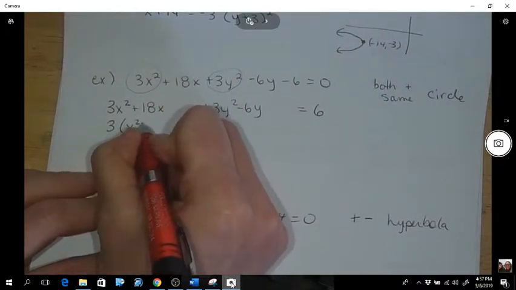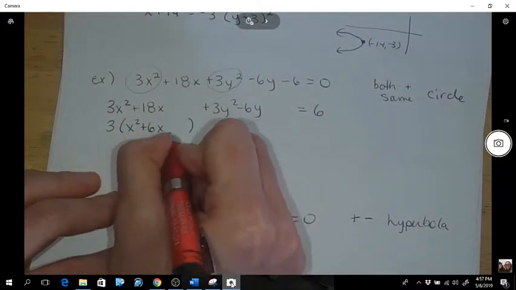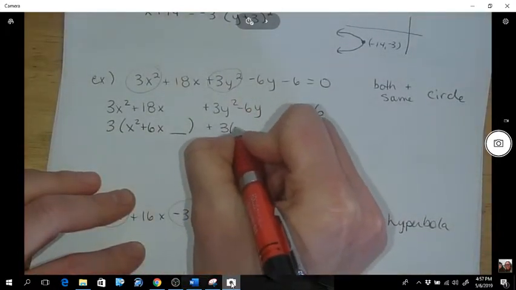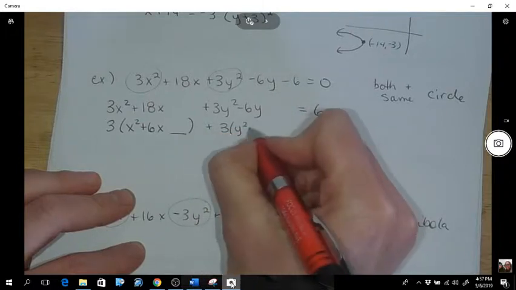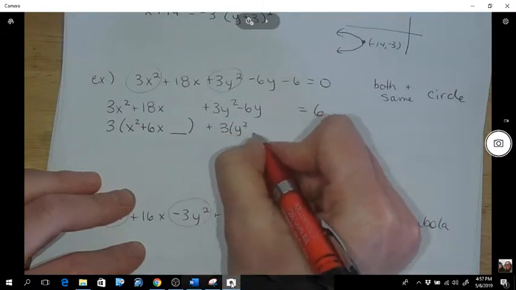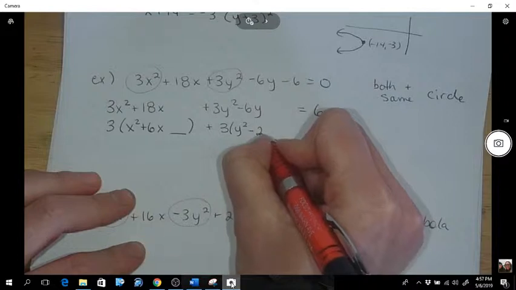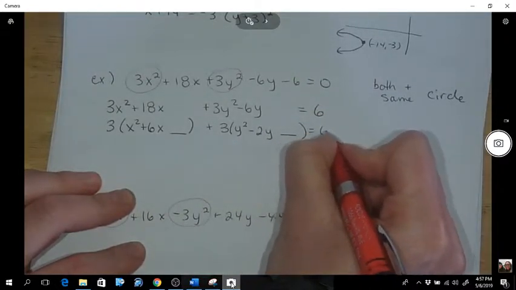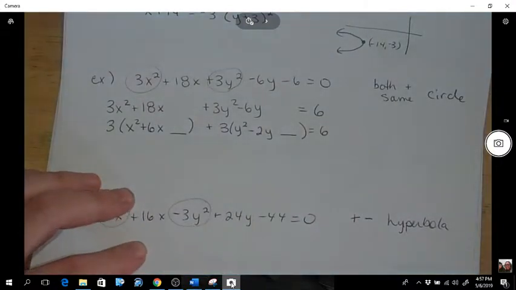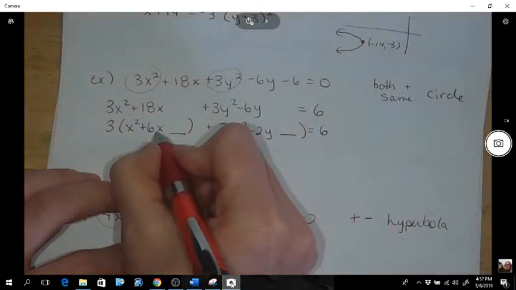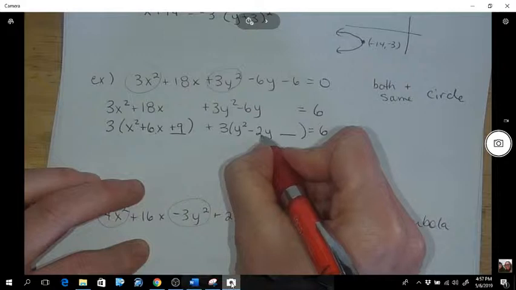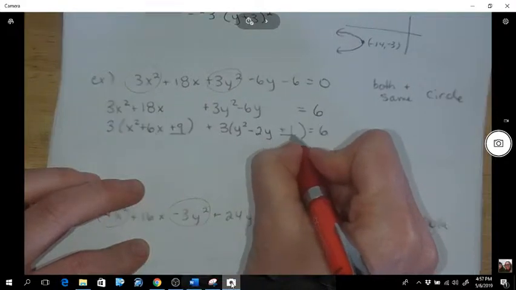So x squared plus 6x, and I'm going to leave a spot, and I'm going to factor out the 3 on the y squared, and when I factor that out I get a negative 2, and again I'm going to leave a spot. Okay, so groupings, factor out. Now what goes on this blank? So half is 3, squared is 9, half is negative 1, squared is 1.